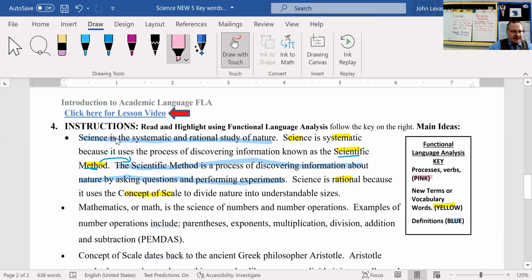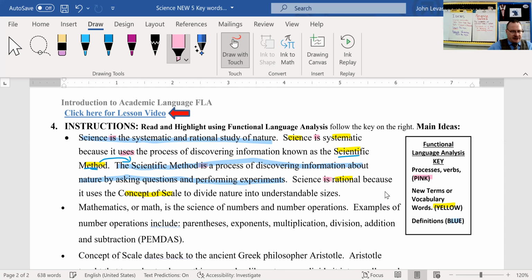For example, science is the systematic and rational study of nature. Science is systematic because it uses the process of discovering information known as the scientific method. Scientific method is a process of discovering information about nature by asking questions and performing experiments.